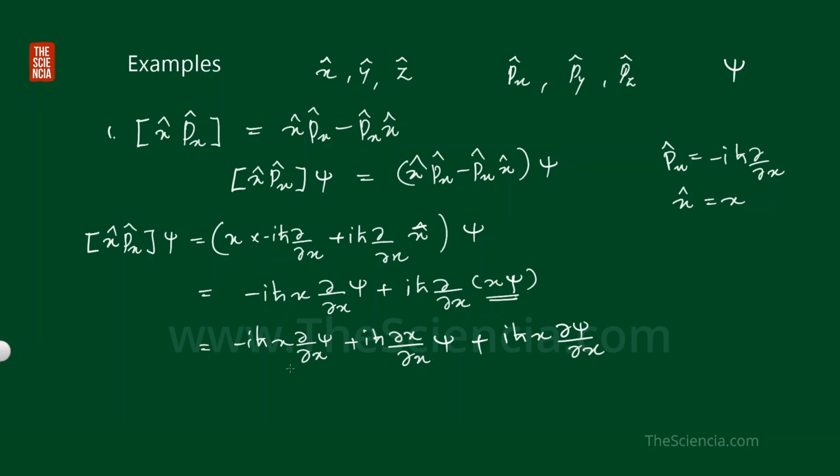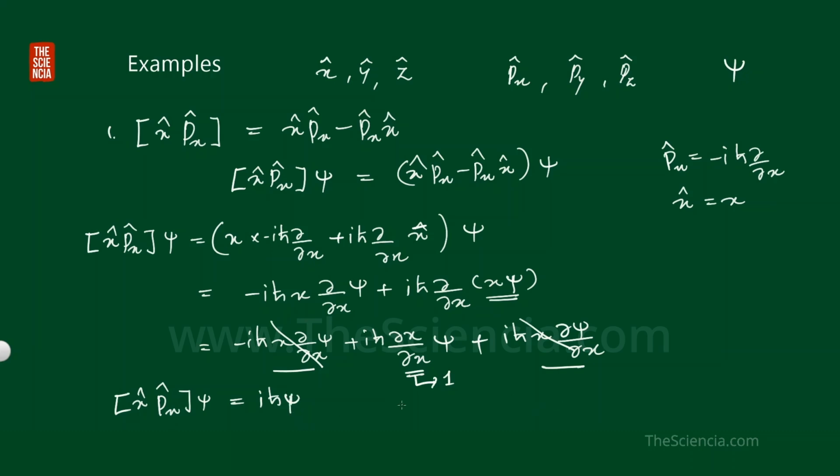These two terms are the same and opposite in sign, so they cancel, and dou by dou x of x is nothing but 1. So we get x cap px cap psi is equal to i h cross into psi.